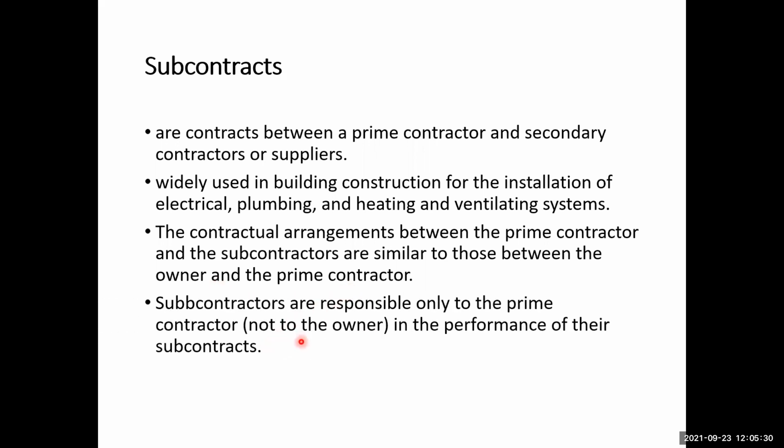The subcontractors are responsible only to the prime contractor in the performance of their subcontract. So that means when the subcontractor is working on the construction project, they report their work to the main contractor. They do not report their work directly to the owner.